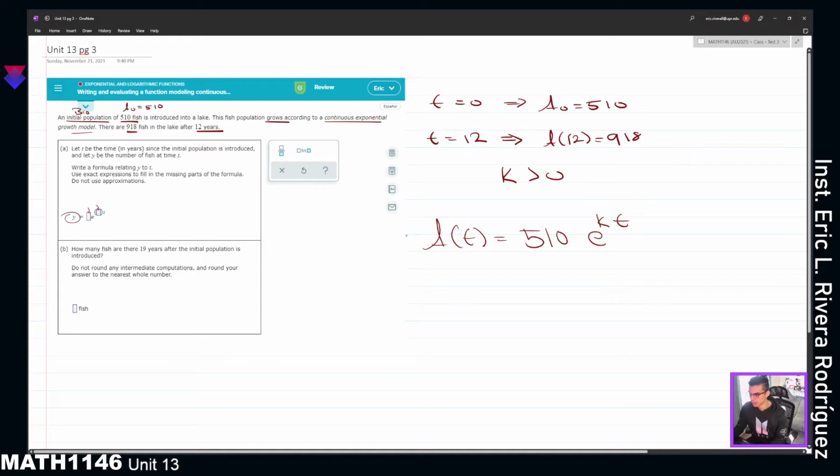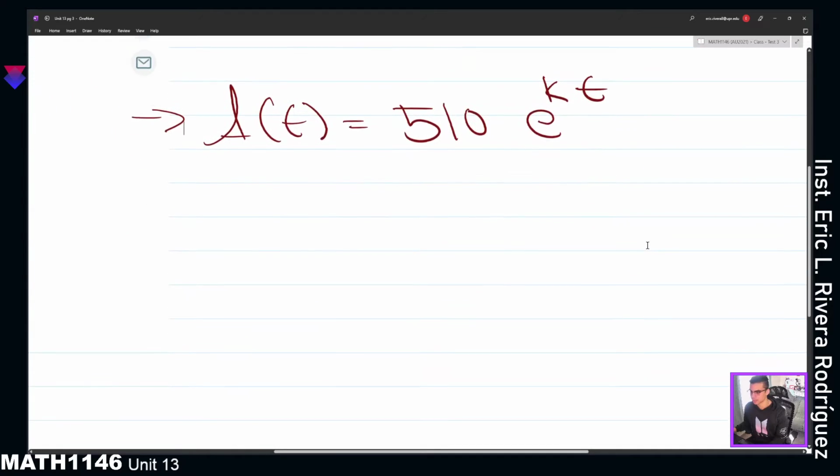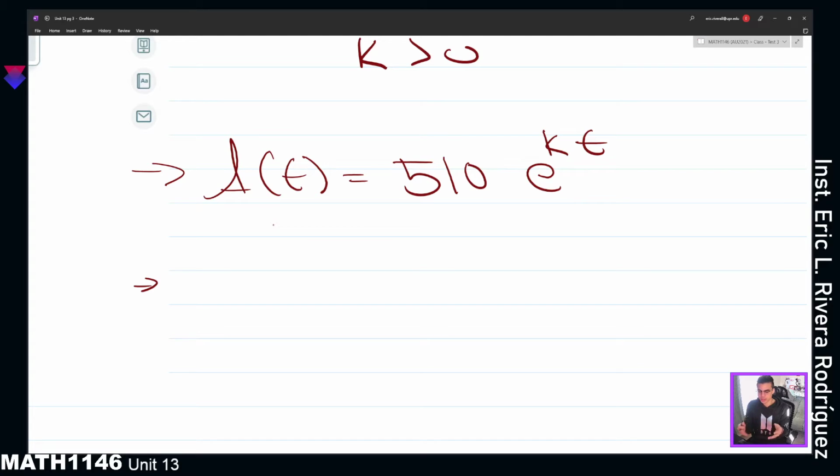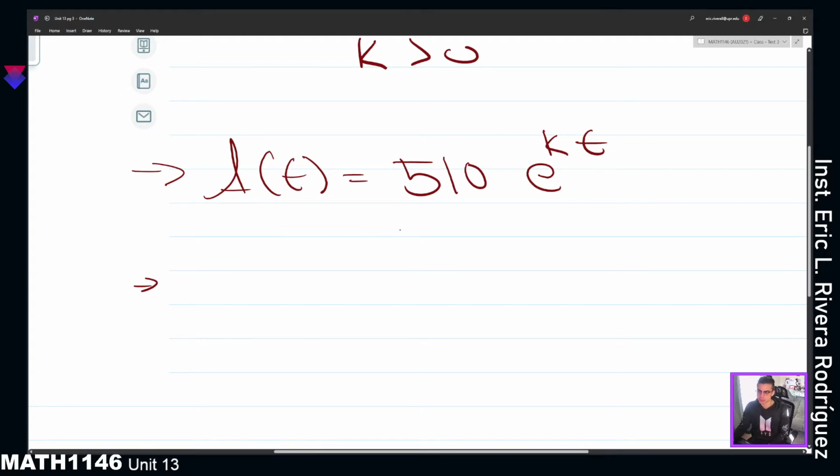At this step, what we are looking for is the value of k. 510 is the initial amount. See that I'm not using A sub 0 because since we are not working with the double time, there's no way we can cancel the initial factor.